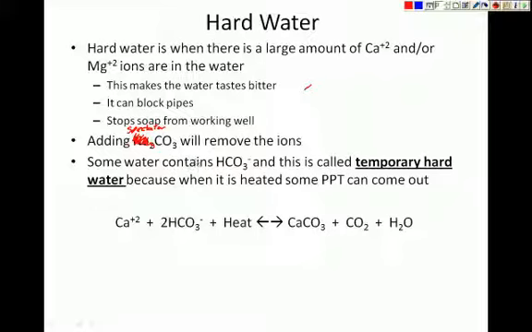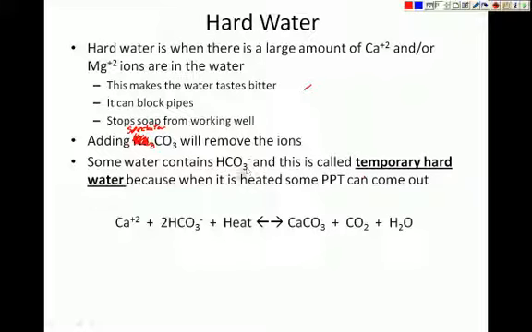Now, there's another thing that's in water. Sometimes we can have something called temporary hard water, and temporary hard water is when the water contains some HCO3 minus.